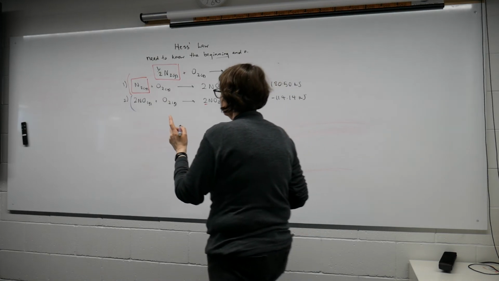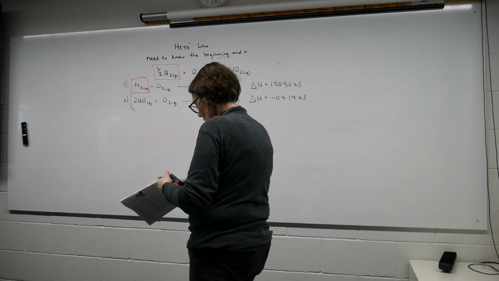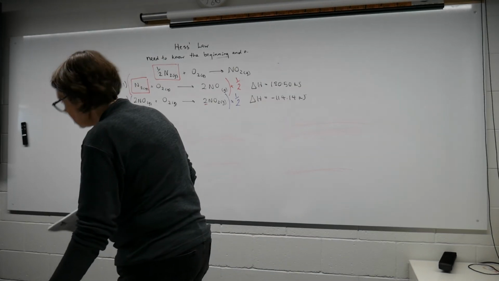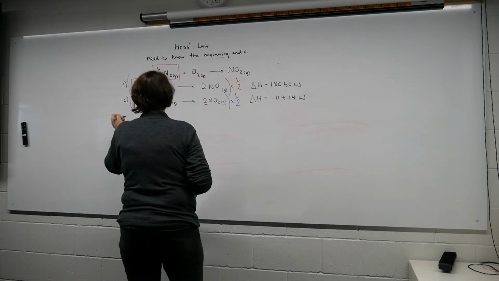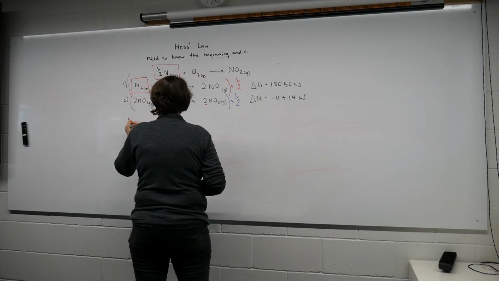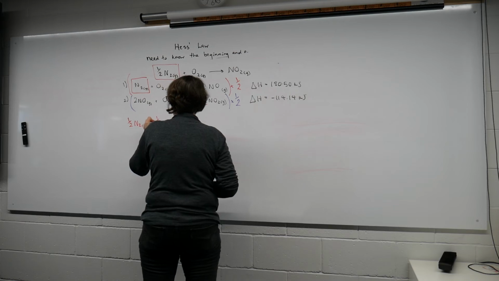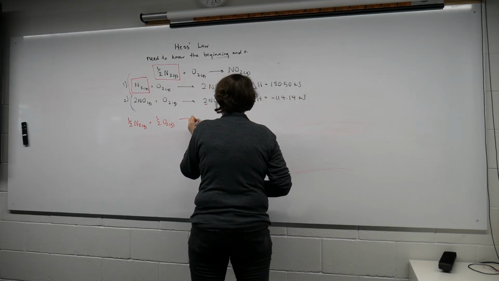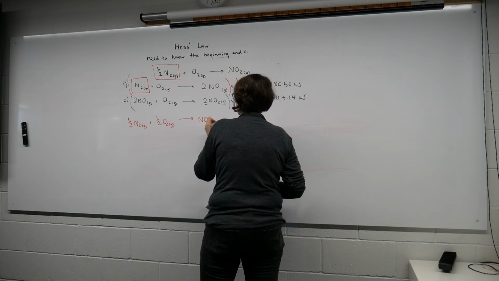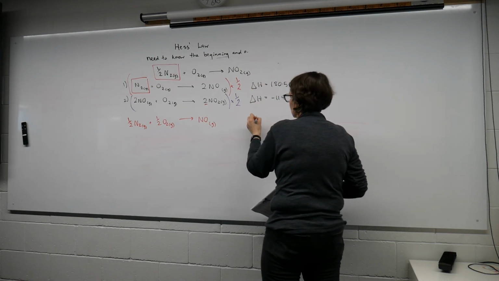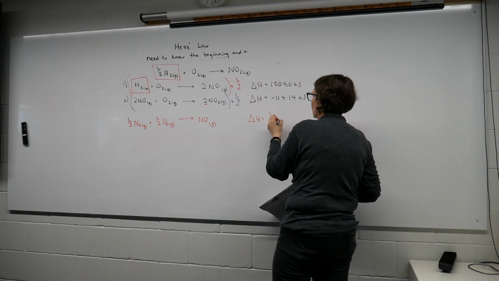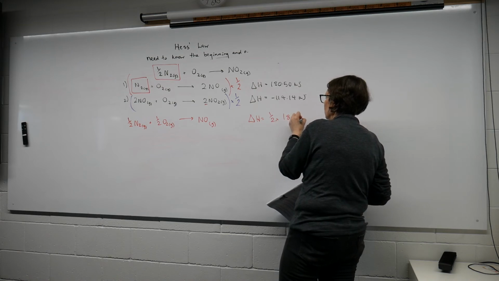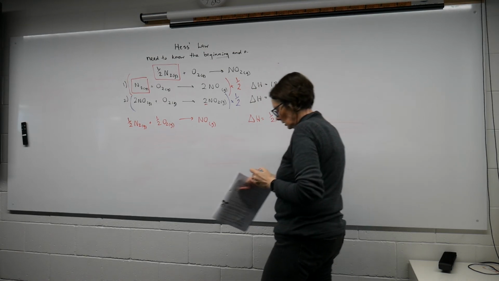So if we do our first reaction in red, it's going to be a half N2 gas plus a half O2 gas, giving us NO gas, and our delta H will equal a half times 180.50 kilojoules.